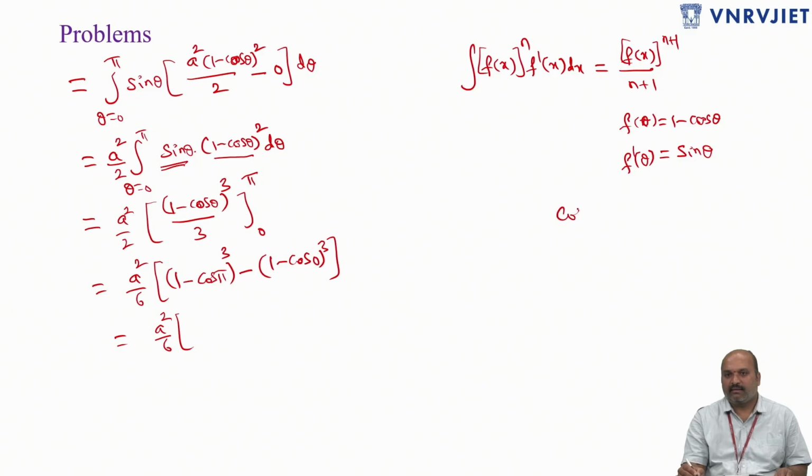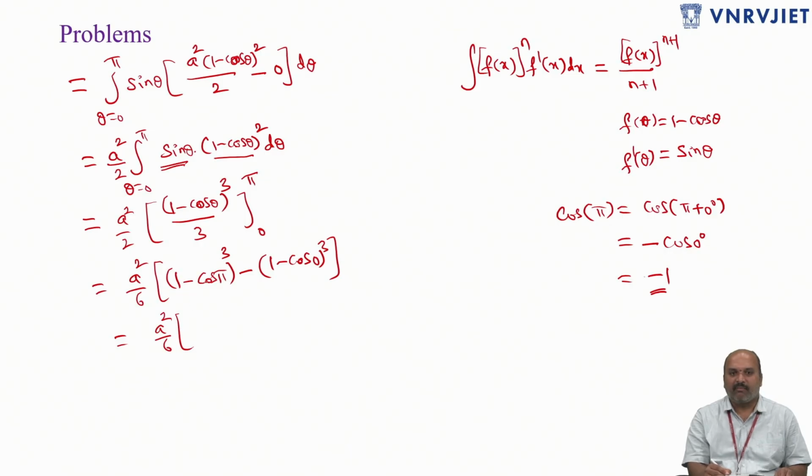Cos pi can be written as cos of pi plus 0 degrees. Pi plus theta is in the third quadrant, where cos is negative. So cos pi is minus cos 0, which is minus 1. So cos pi is minus 1.